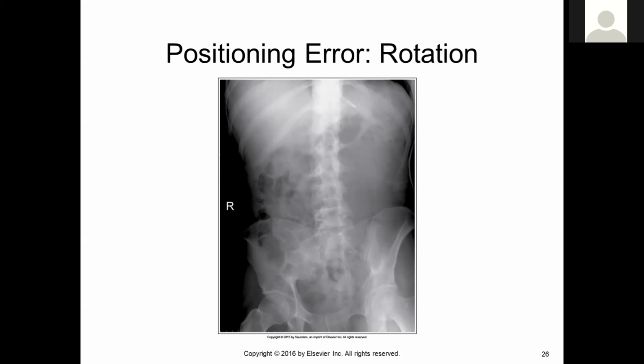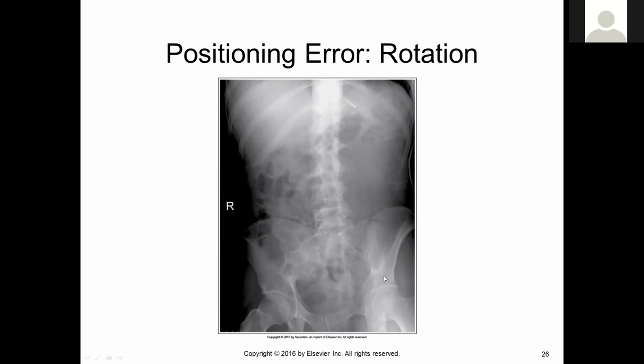Here's what rotation will look like. This is a lot of rotation, but it's a good example of what that will do to your image. I want you to look, there's not much rotation up top, but the pelvis is rotated significantly. And you can see how much it's turned.